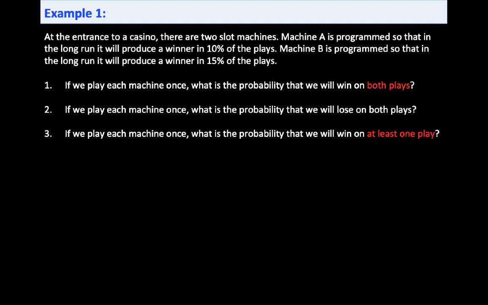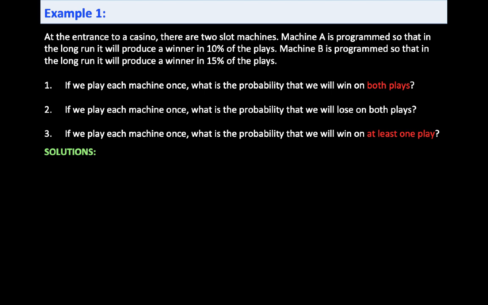If we play each machine once, what is the probability that we will win on both plays? Okay, let me explain this first. So here you should understand the machines are independent.